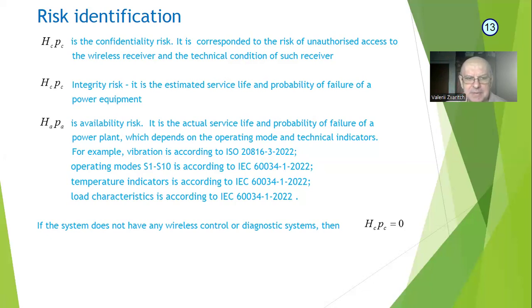R sub I, P sub I is integrity. It estimates the service life and probability of failure of power equipment. R sub A, P sub A is availability risk. It is the actual service life and probability of failure of a power plant, which depends on the operation mode and technical indicators.